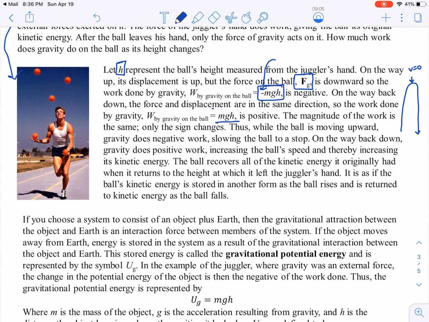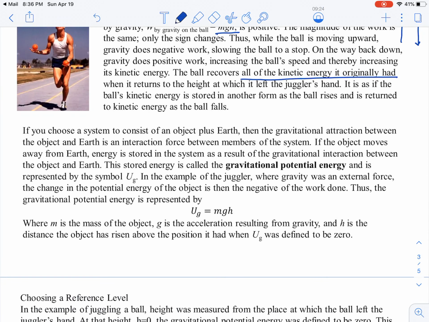On the way back down, gravity does positive work, increasing the ball's speed and therefore increasing its kinetic energy. The ball recovers all of the kinetic energy it originally had when it returns to the height at which it left the juggler's hand. It is as if the ball's kinetic energy is stored in another form as the ball rises and is returned to kinetic energy as the ball falls.